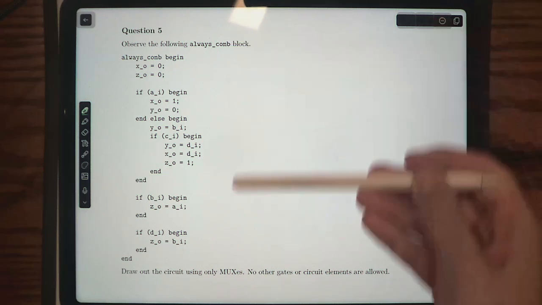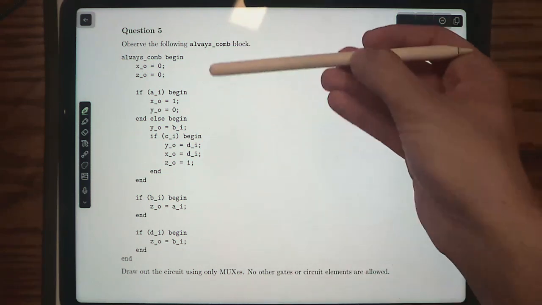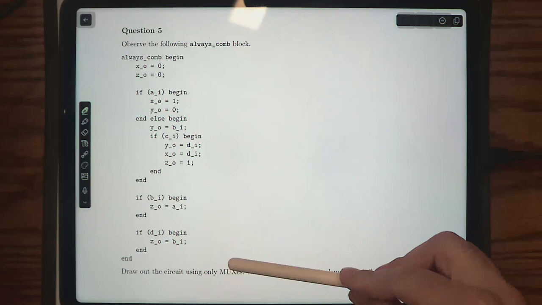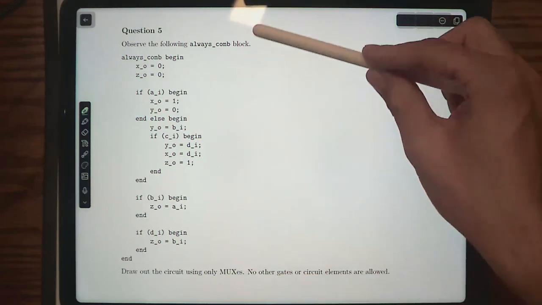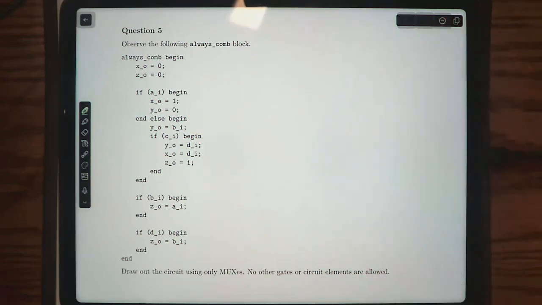It's just really, really cool. And the same algorithms that are used to generate hardware from a string of code like this are very similar to the algorithms used to optimize C++ code and reduce the number of branches and if statements and things.